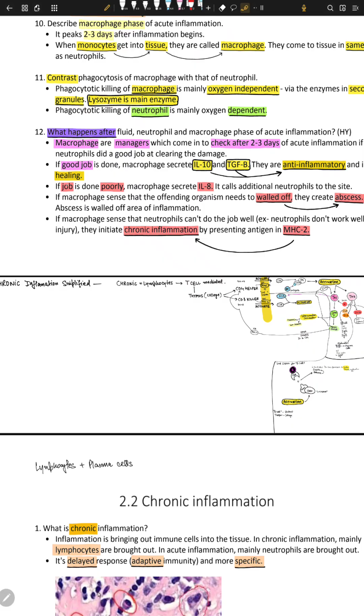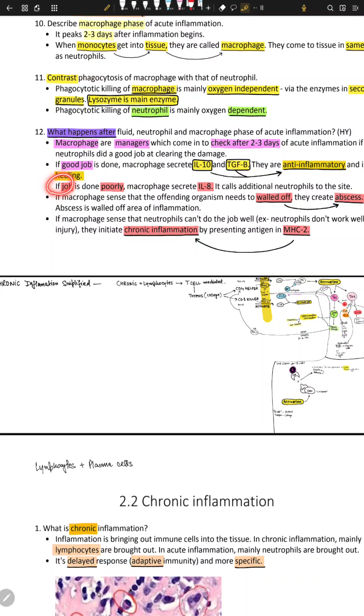Healing can be of 2 types. If you have stem cells, new cells will be formed and the cells will just be replaced. If you don't have stem cells, if these are permanent cells, scars will be formed and fibrin will be collected there. So let's talk about it later.